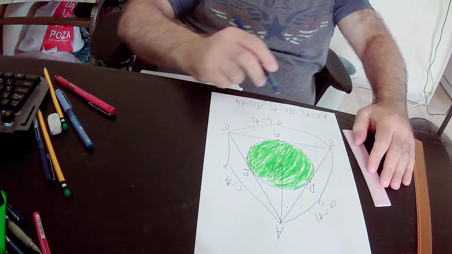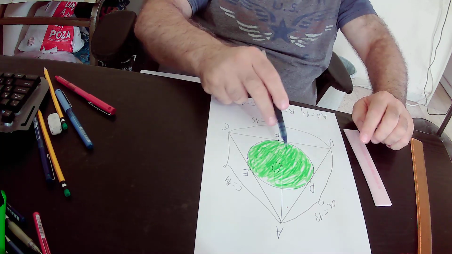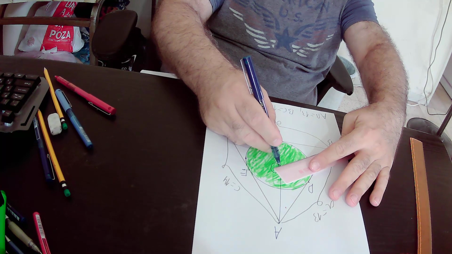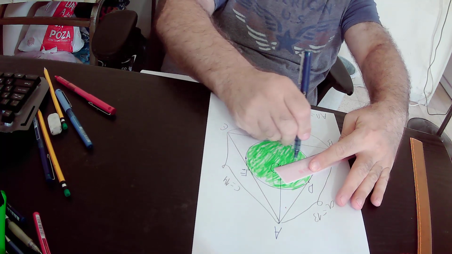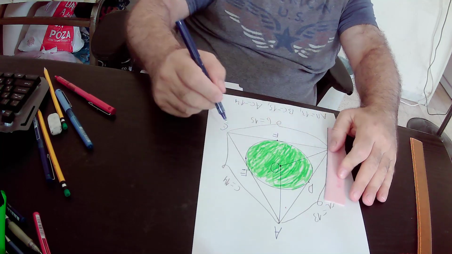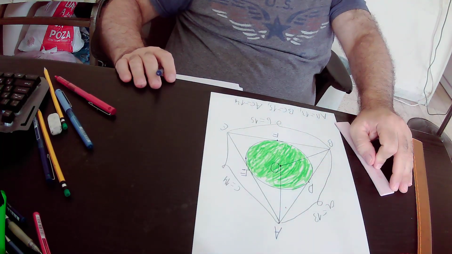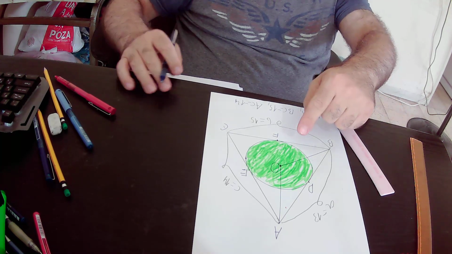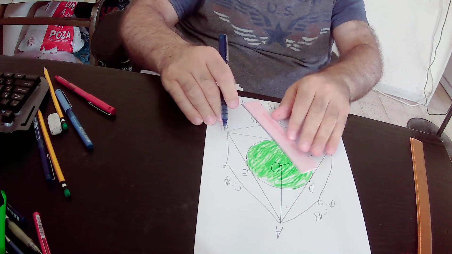And we will also connect together points B and O by a straight line. And we will connect together points O and C by a straight line.